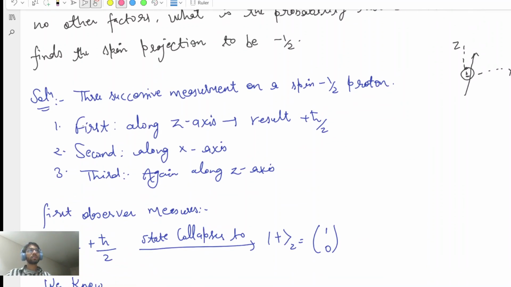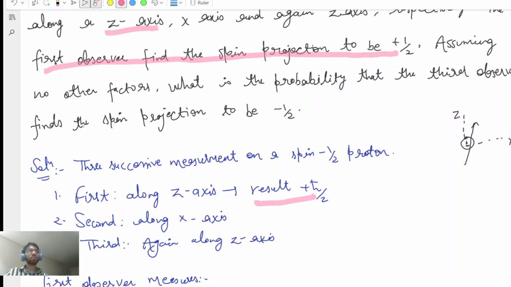So there are three successive measurements on a spin half proton. First, along the z-axis, that has already been measured. The result is plus h bar by 2. Second, we have to measure, and third again along the z-axis we have to measure and find the probability. What will be the probability when the spin projection is minus half?